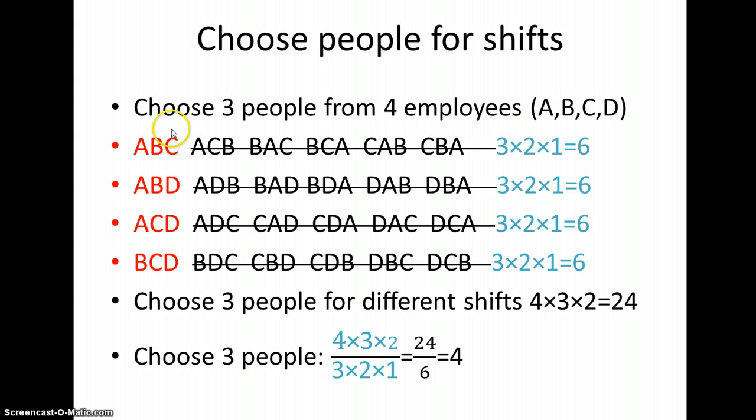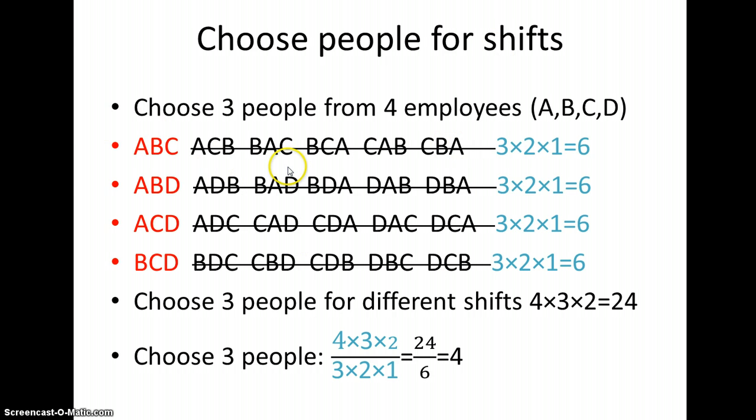But in this case, suppose we already decided we're going to choose person A, person B, person C, and if you are scheduling these 3 certain people, then there are only 3 choices for the morning, because you can choose A or B or C. And then once you choose the person for the morning, you only have 2 people left for the afternoon and 1 person left for the evening. So 6. And so we can see each combination repeats 6 times in the permutation.